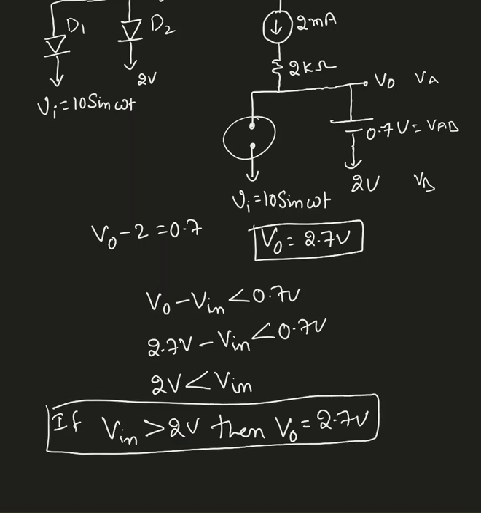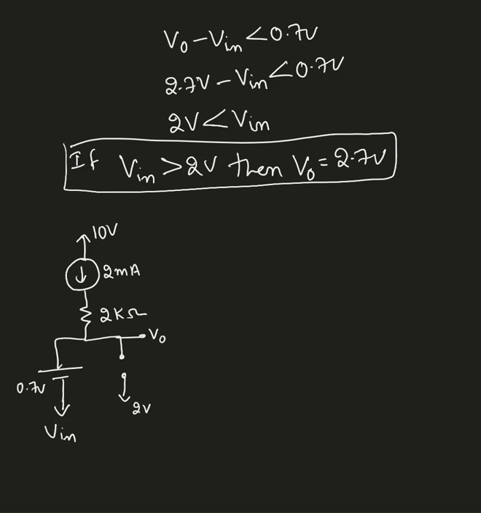Now I'm going to assume the other case: D1 is closed and D2 is open. So here is the circuit. D1 is acting like closed, that means I'm assuming a constant voltage drop of 0.7 volts. Now from here I can tell V0 minus Vn must equal 0.7 volts, because the voltage at the anode of D1 is V0 and at the cathode of D1 is Vn.